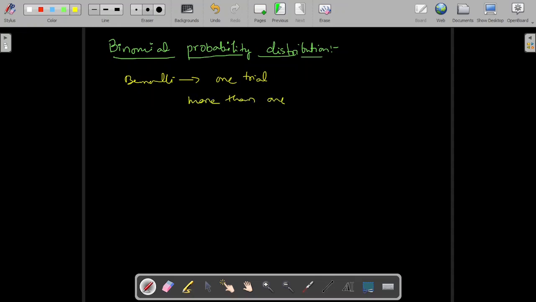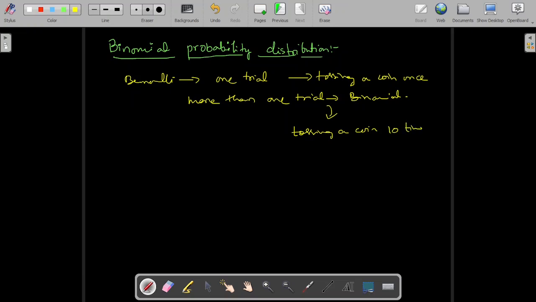For example, here you had tossing a coin once, but in this case you will have tossing a coin n times, or suppose 10 times if I take, then you have to find the probability distribution.